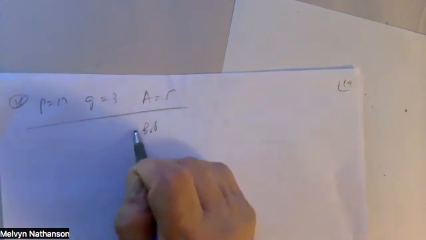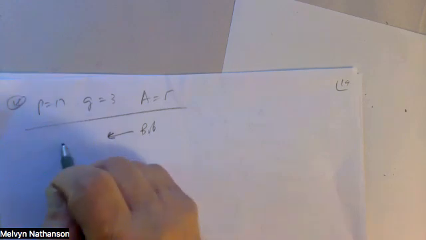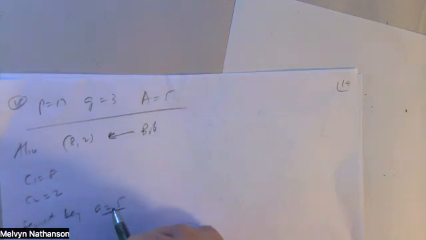And Bob sends to Alice the pair 8, 2. So C1 is 8, C2 is 2. And we're told that Alice's secret key is A equal to 5.